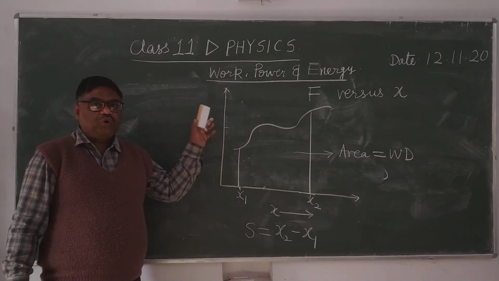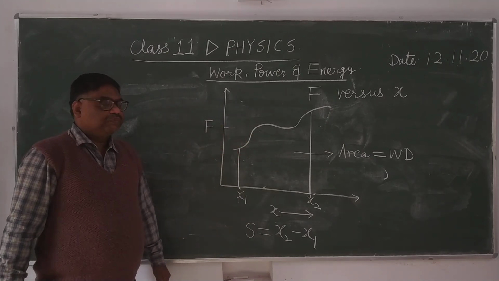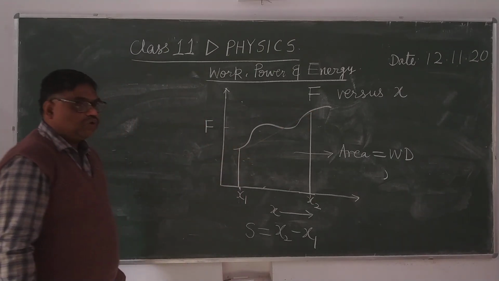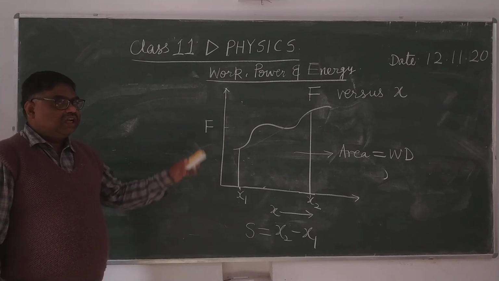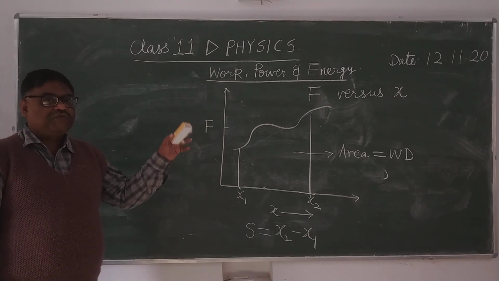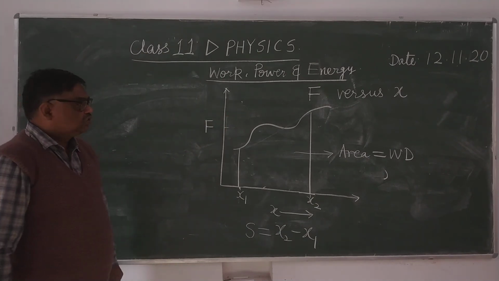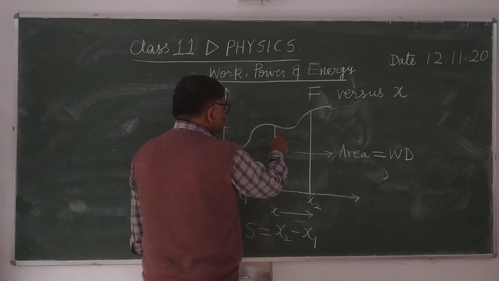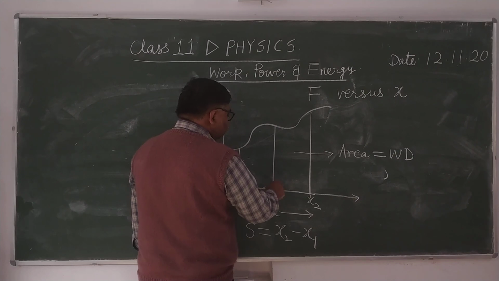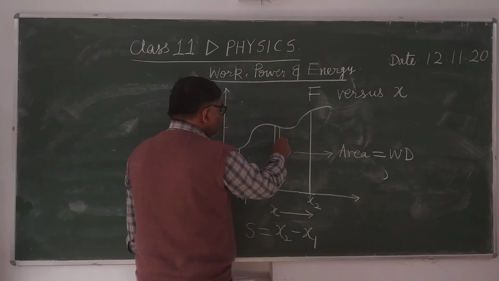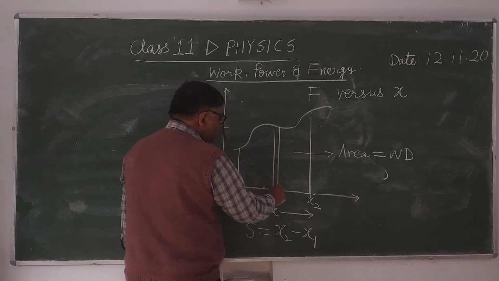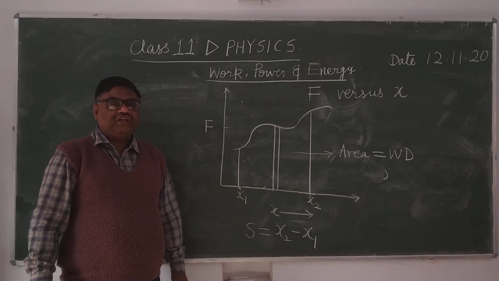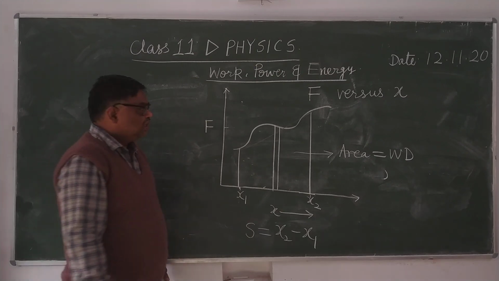It is not a regular figure. If it were straight, it would be a trapezium shape, and then you could calculate the area. But here one side is curved. Therefore, how will you calculate it? We will divide this whole area into strips of infinitesimally small width.